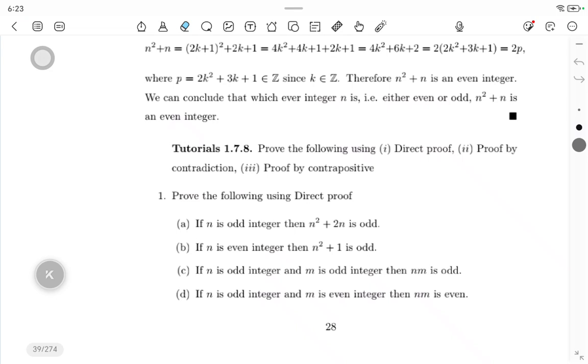So let me do this. I'm just gonna take this quick. So that I can move. I don't want to be going up and down, right?